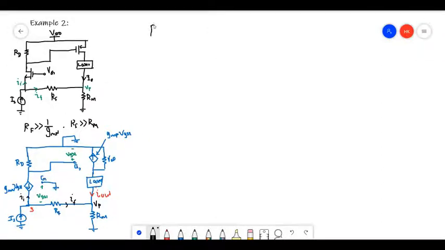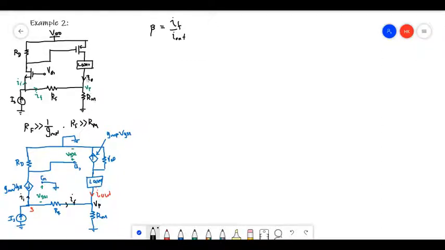Beta will be given by the feedback current IF divided by the output I out, right? Actually we don't need this model, we can calculate it from here.